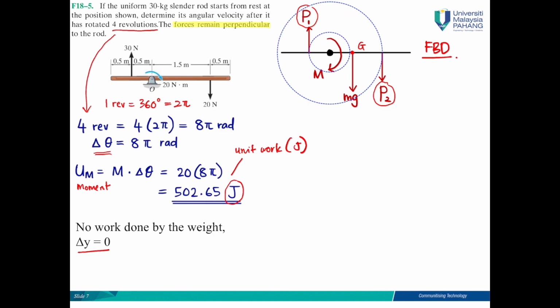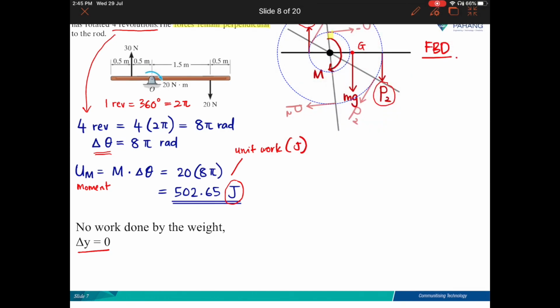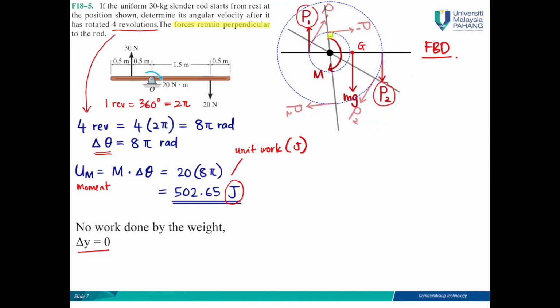If you imagine throughout the motion of this rod, P1 and P2 will remain tangent to the path, remain perpendicular, remain 90 degrees throughout the motion. So these are 90 degrees. This is 90 degrees. For another position, this is also 90 degrees to the rod. So that is what it means by the forces remaining perpendicular to the rod.